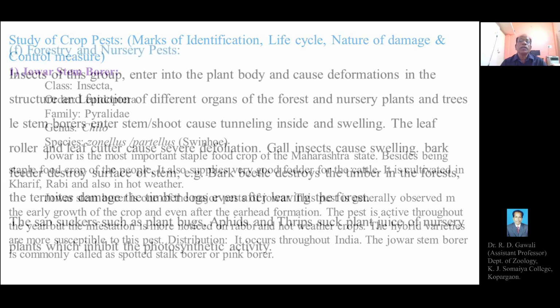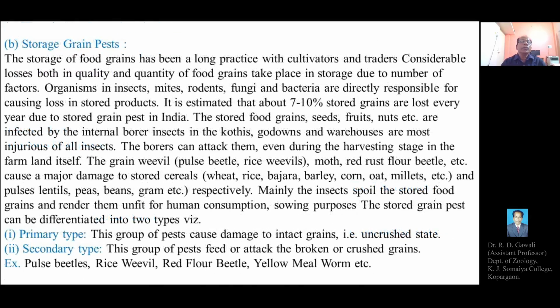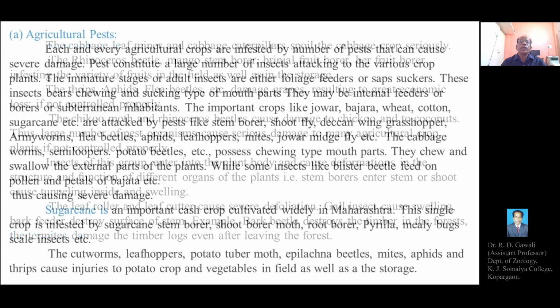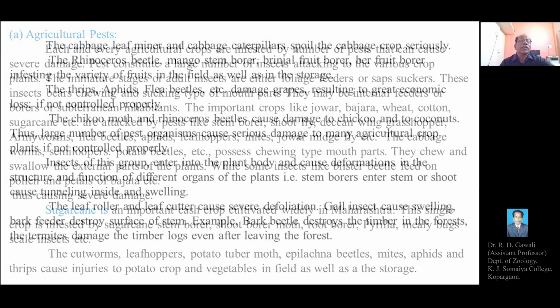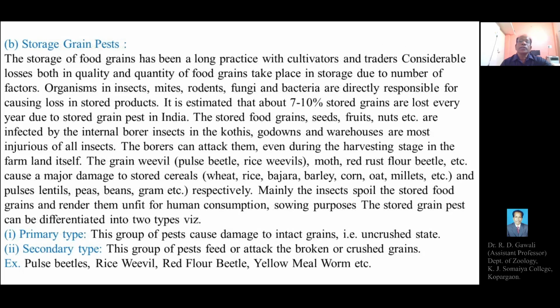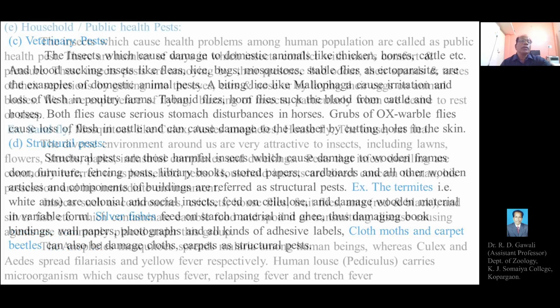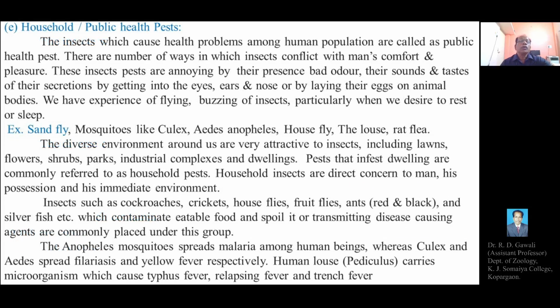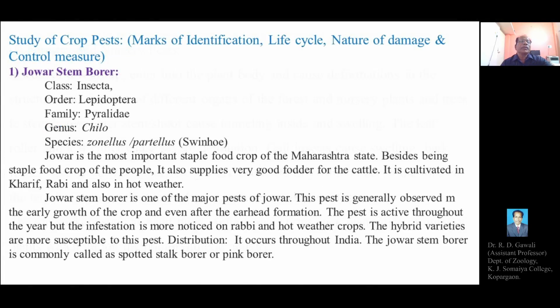So this is about the different types of pest. We have explained the types of pest: first, agricultural pest; second category, stored grain pest; third, veterinary pest; fourth, household or public health pest; then forestry and nursery pest.